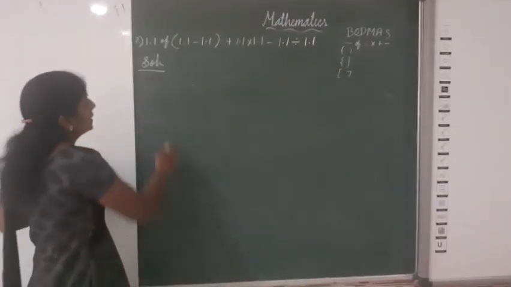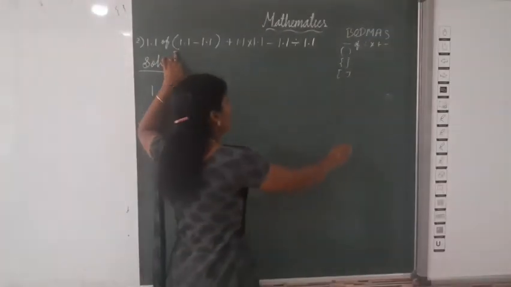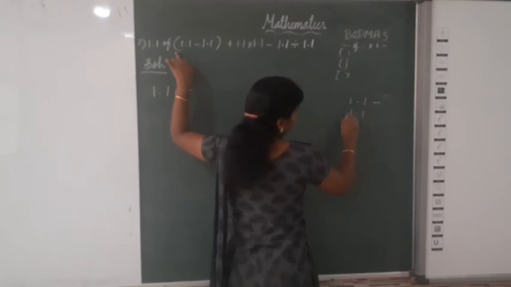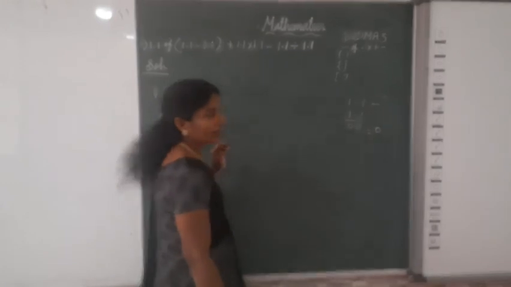Okay, so listen. 1.1 of, here we can use the BODMAS rule. First preference for bracket, second preference for of, then division, multiplication, addition, subtraction. So we can do the bracket first, okay? 1.1 minus 1.1 is 0, isn't it? So 1.1 of 0, okay, plus 1.1 into 1.1 minus 1.1 divided by 1.1.